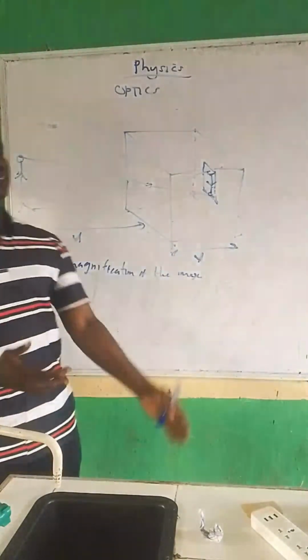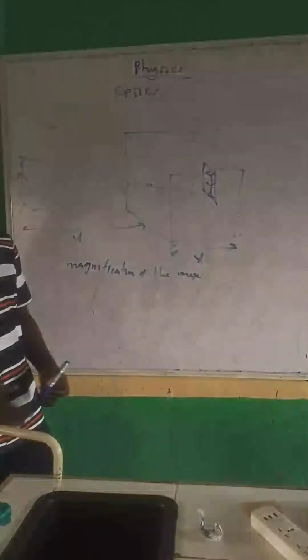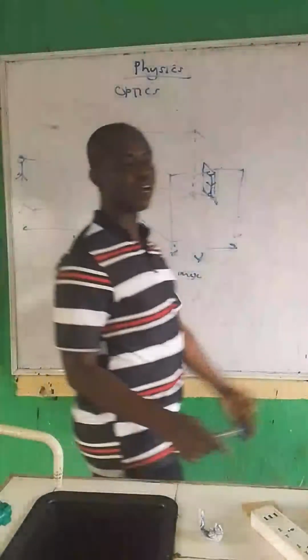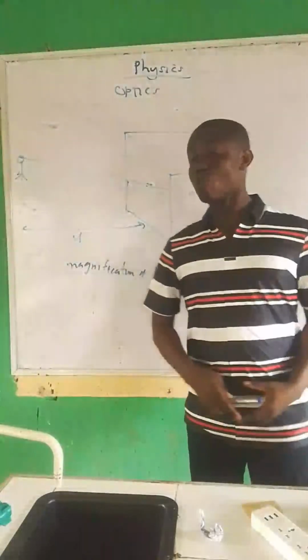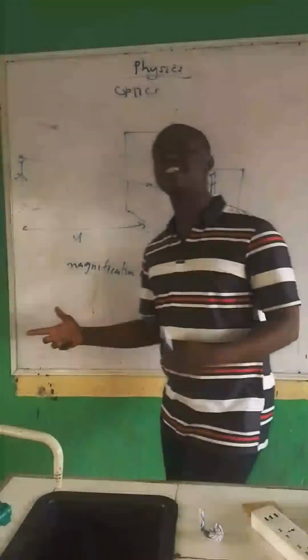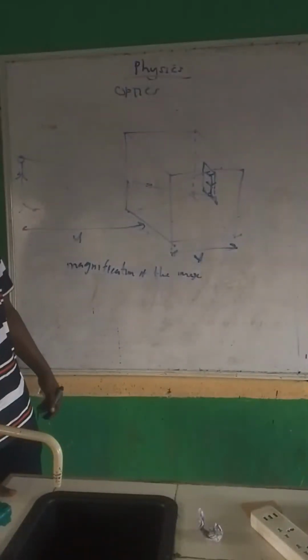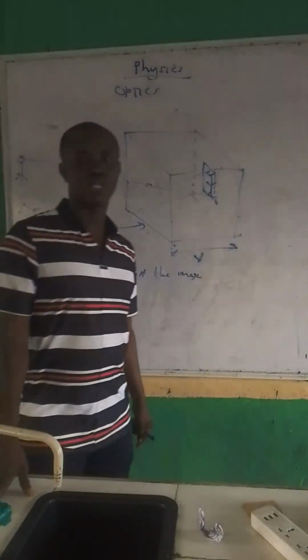How large is the image? Do you understand? So when the image is larger than the object, we say the image is magnified. When the image is smaller than the object, we say the image is diminished. Am I communicating?